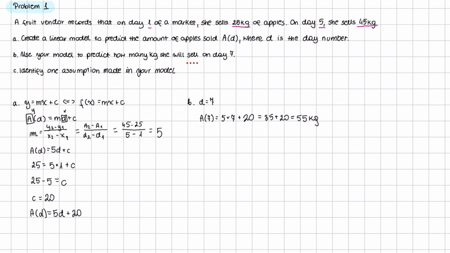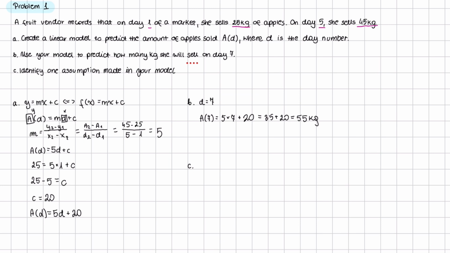And in point C, we have to identify one assumption made in our model. From our model, we can see that the amount of apples sold increases every day by 5, because on day 1 we have 25 kilograms sold.